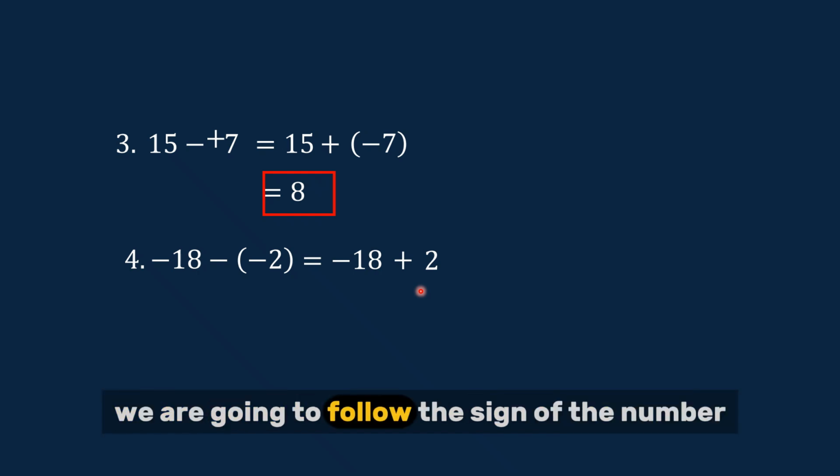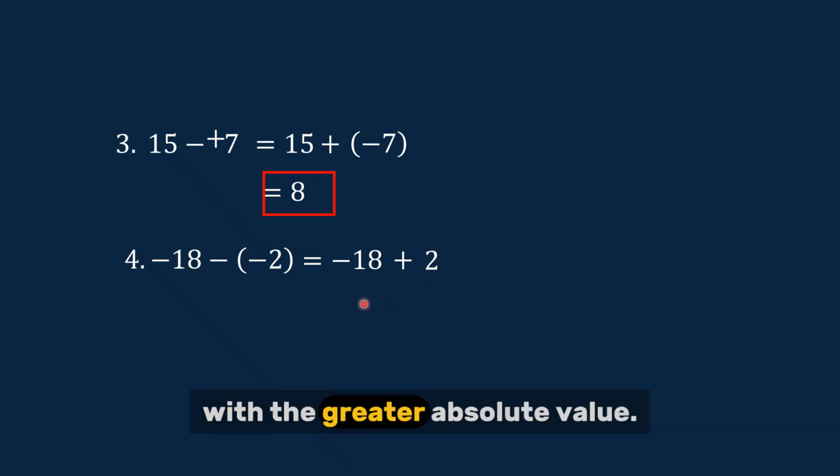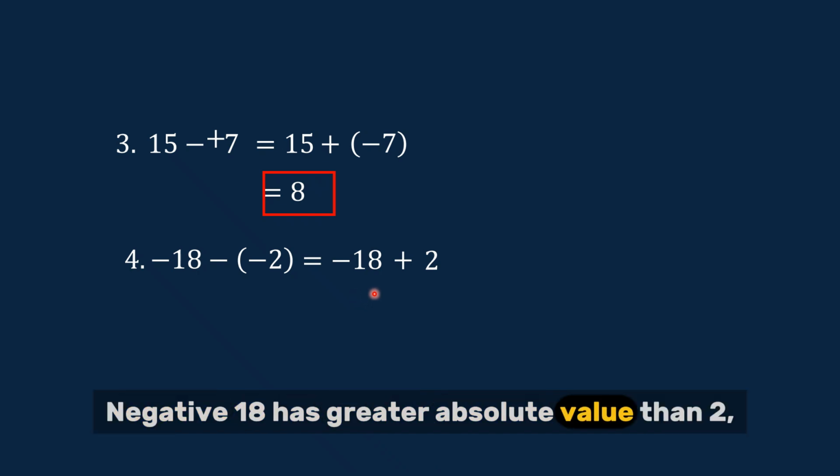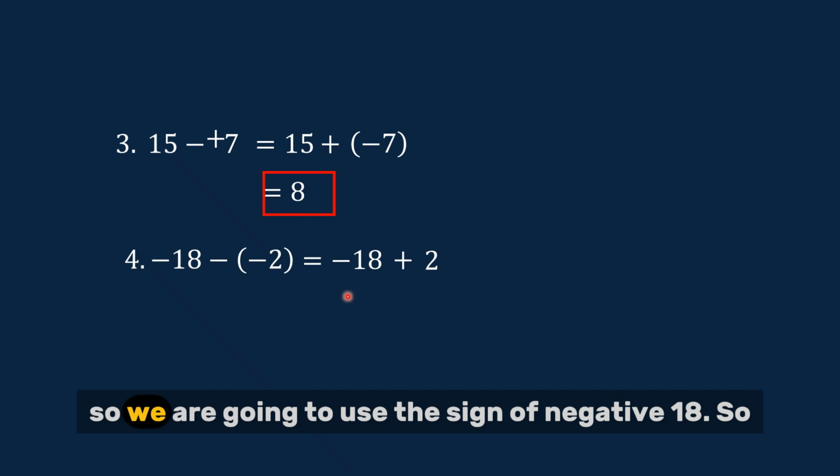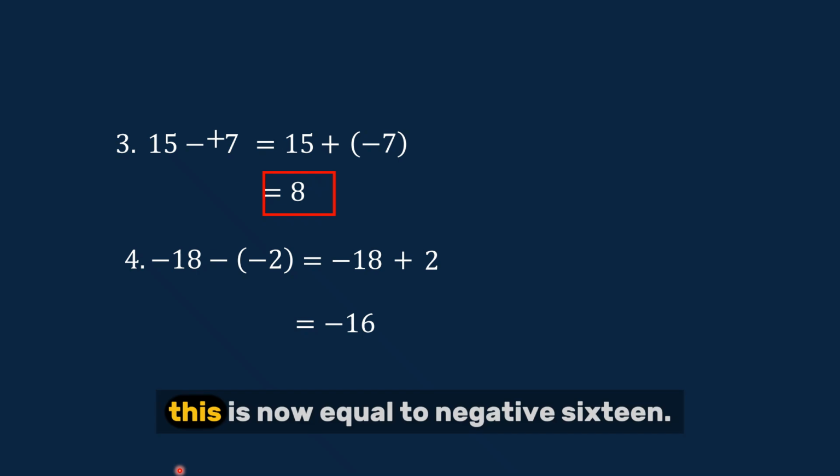Then we are going to follow the sign of the number with the greater absolute value. Negative 18 has greater absolute value than 2. So we are going to use the sign of negative 18. So this is now equal to negative 16.